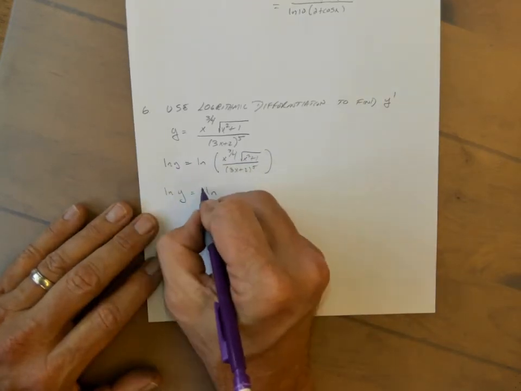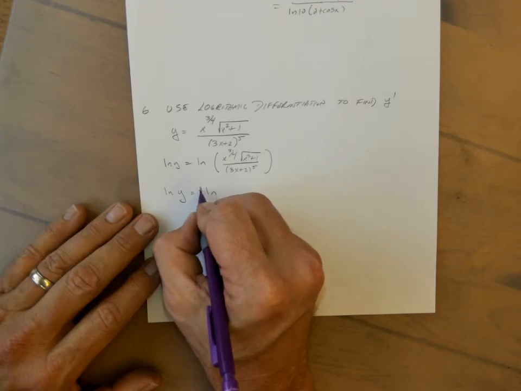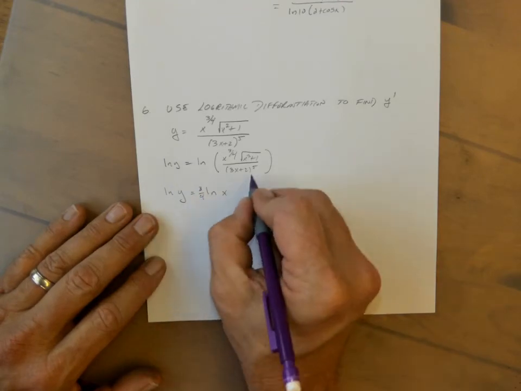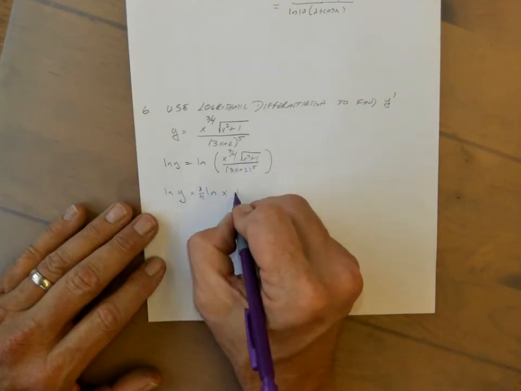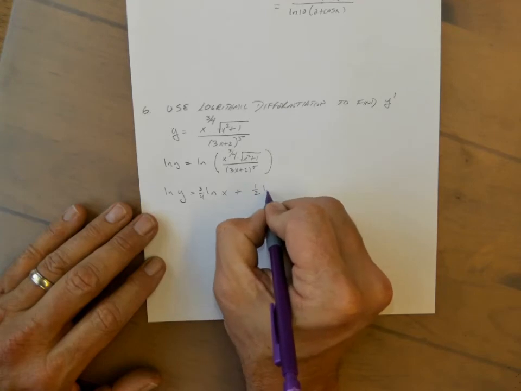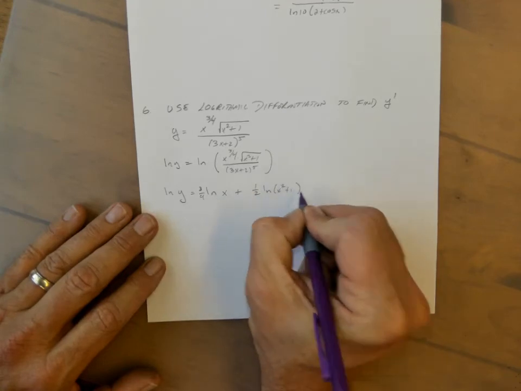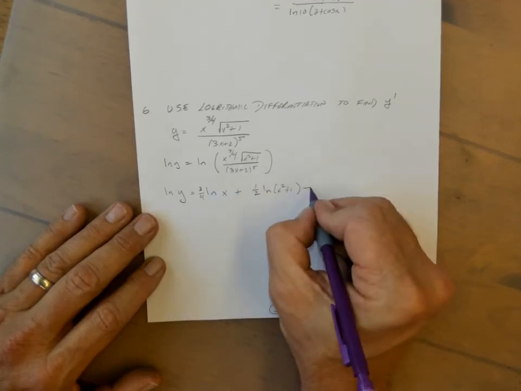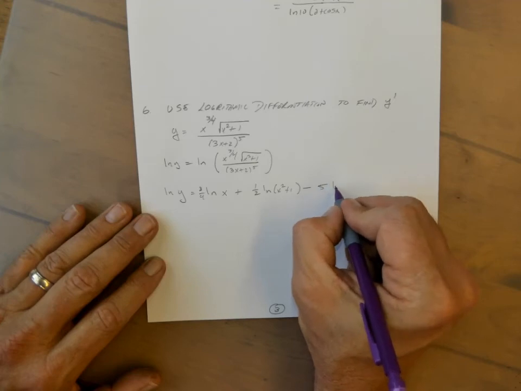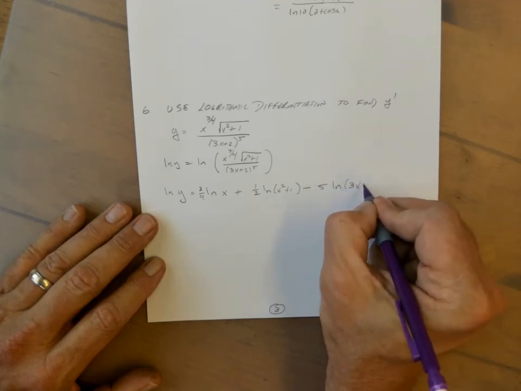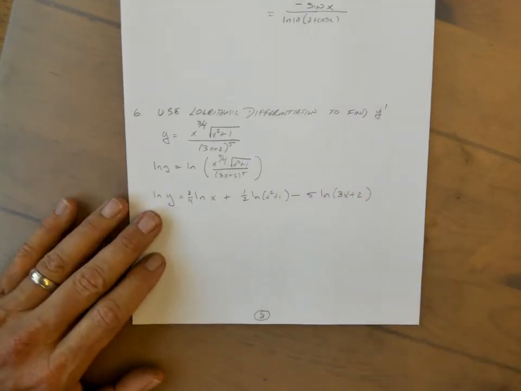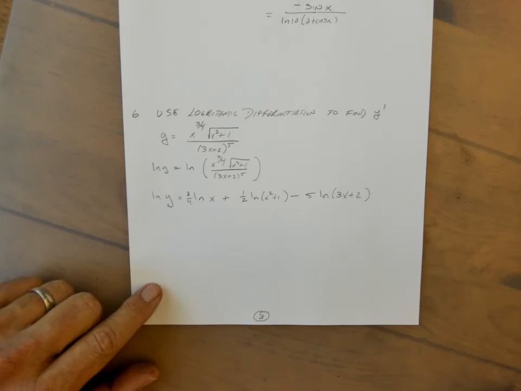So we have 3/4 natural log of x. We're multiplying here, so we add, and then we have 1/2 the natural log of x squared plus 1. And then we have minus 5 times the natural log of 3x plus 2. So a lot going on there.